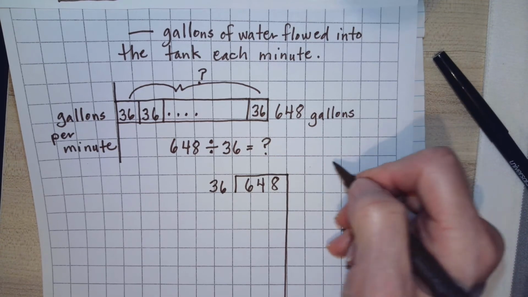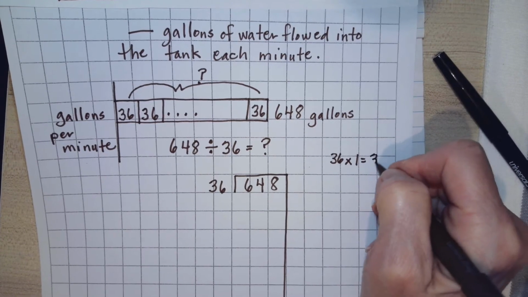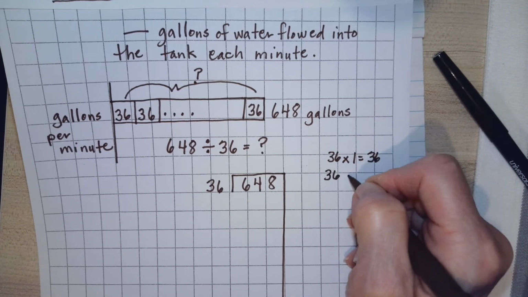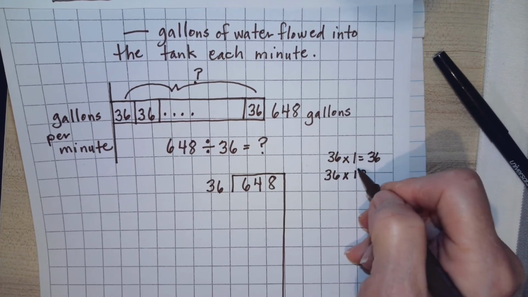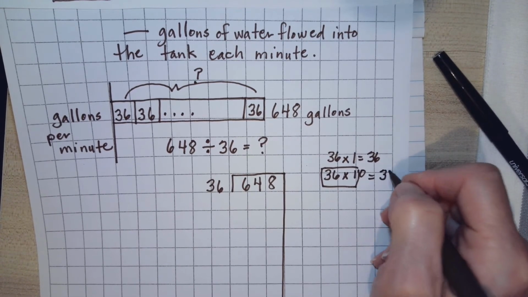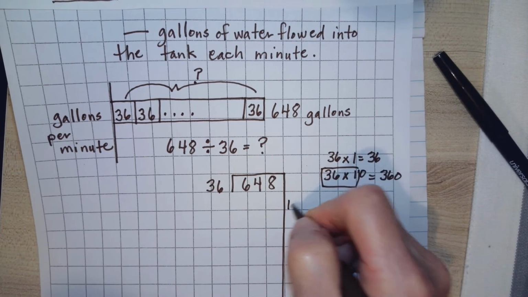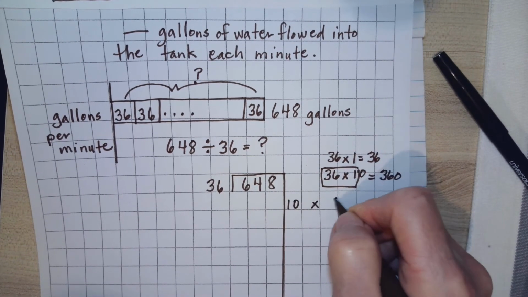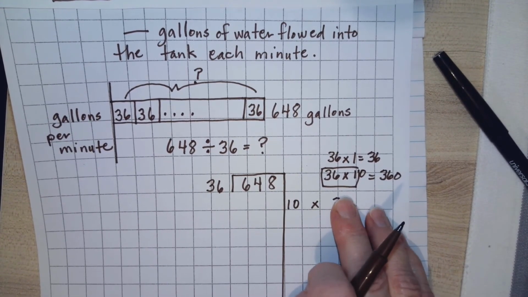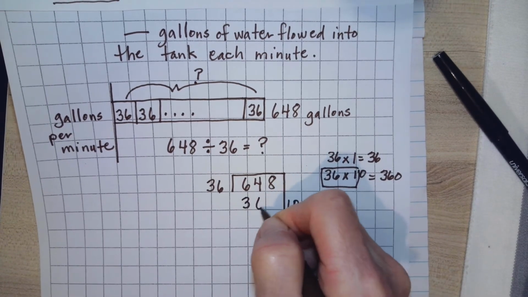I'm trying to look for numbers that I could do in my head. So if I know that 36 times 1 is 36, then I also know that 36 times 10 will give me 360. So I'm going to start with that, and I'm going to put my 10 here to remind me that I'm having 10 groups of 36, and that's going to be 360.